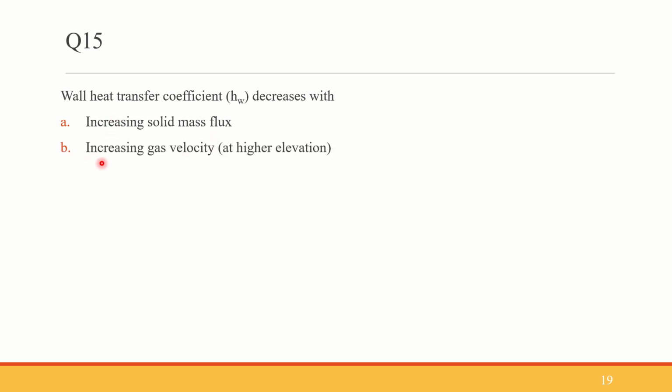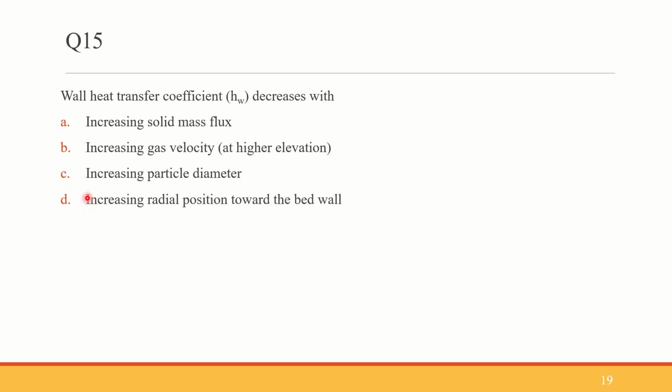Option B, increasing gas velocity. Option C, increasing particle diameter. Option D, increasing radial position towards the bed wall. So look at the options and let me know the answer.